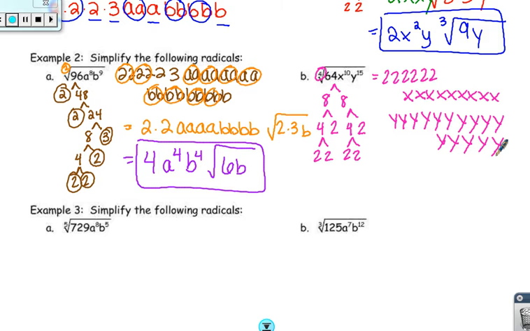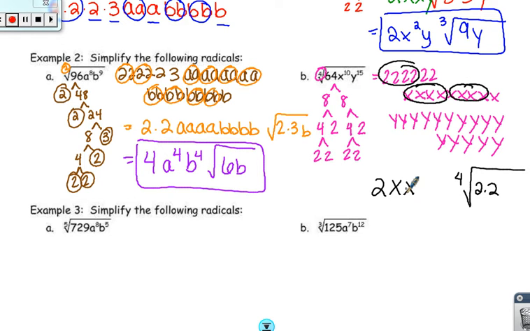Now I need groups of 4. So, group of 4 here gets to go out. Those other 2's have to stay in. Group of 4 on the x's comes out. Group of 4 x's comes out. 1 x to stay in. Group of y's comes out.